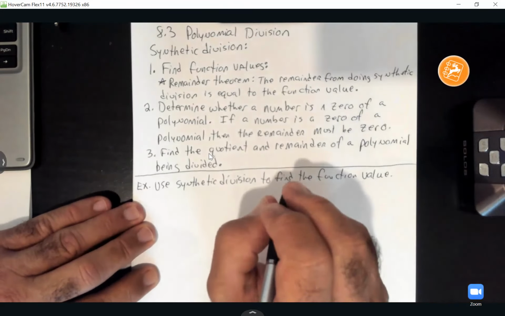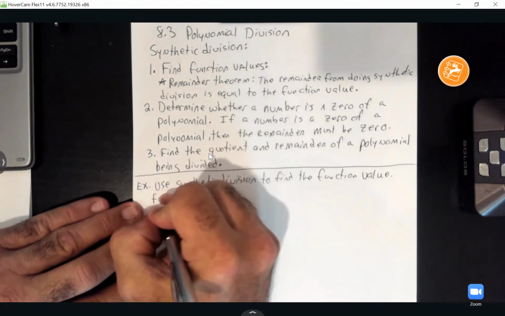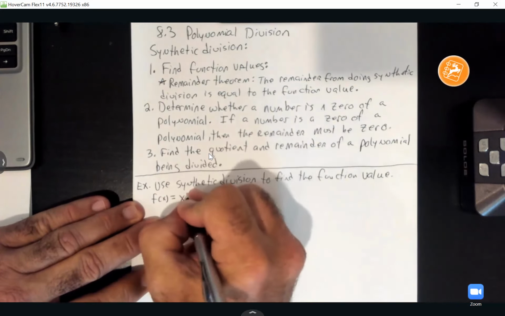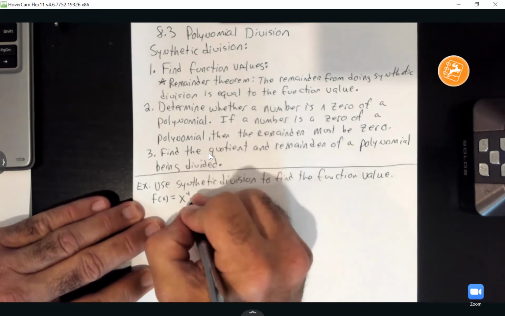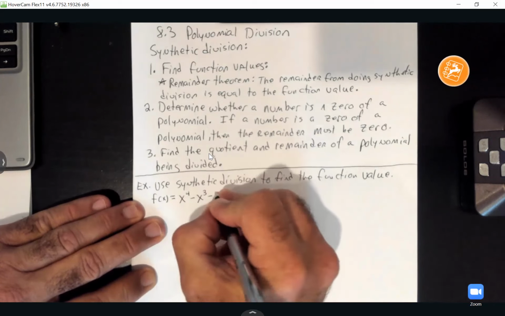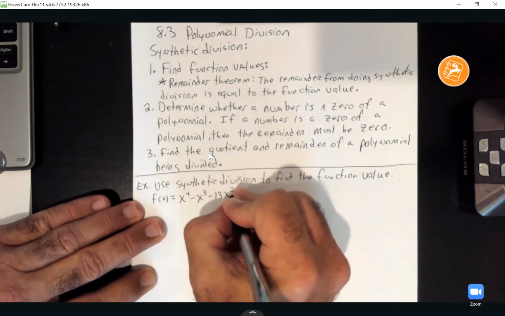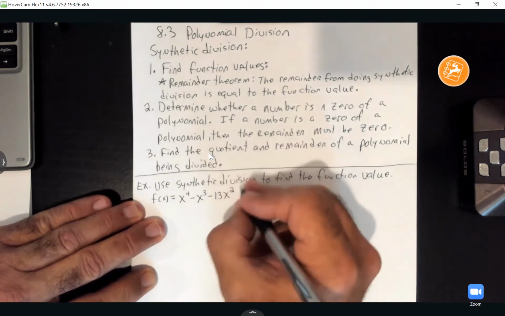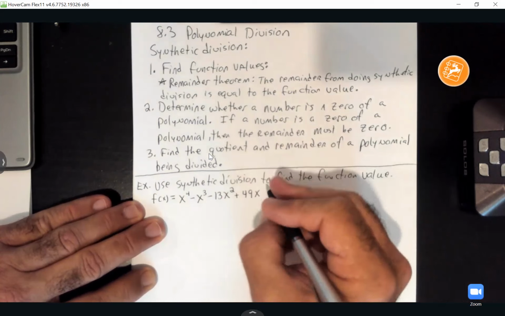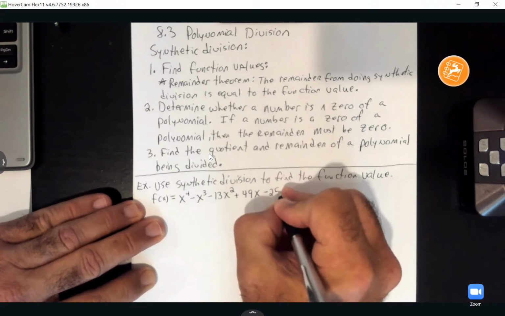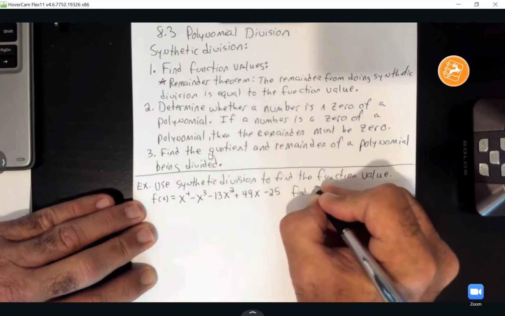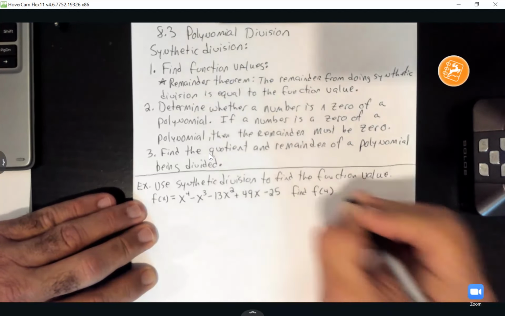So they're giving me f of x equals x to the fourth minus x to the third minus 13x squared plus 49x minus 25. They want us to find f of 4.